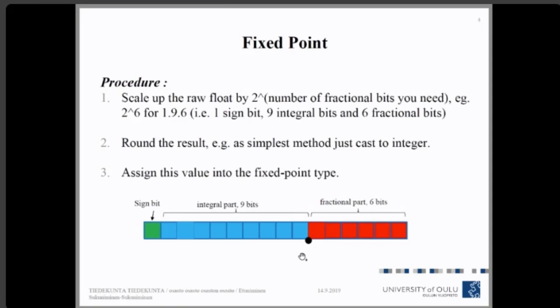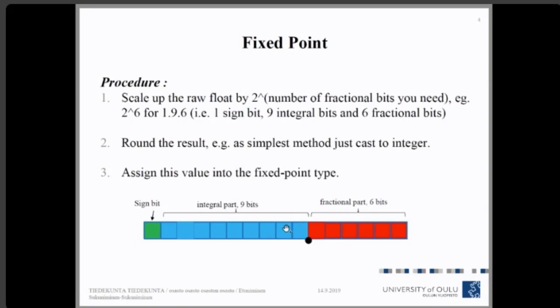If you remember, when we were converting numbers from binary to decimal, we would assign some weight to each bit. So for now, ignore the fractional part. The first bit will be 2 to the power of 0, the second will be 2 to the power of 1, then 2 to the power of 2, 2 to the power of 3.